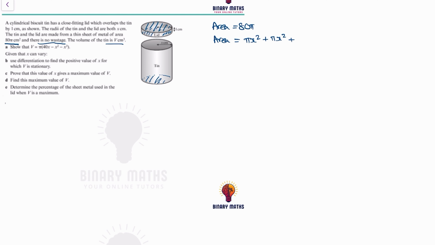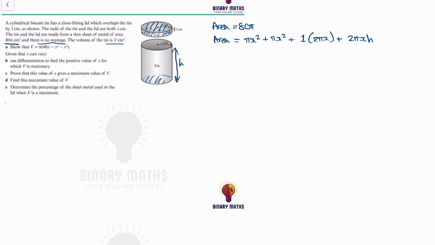So it's going to be 1 times the circumference of the circle, which is equal to 1 times 2 pi x, plus the curved part of the cylinder, which is equal to 2 pi x times, let's introduce a new one, which is h, 2 pi x h.